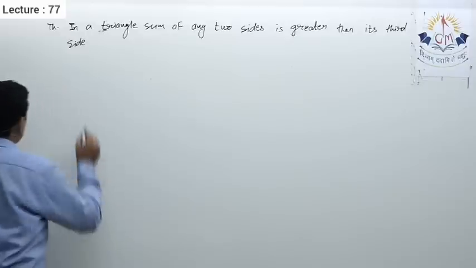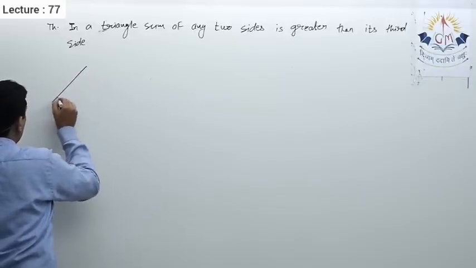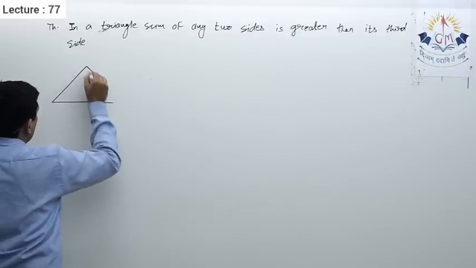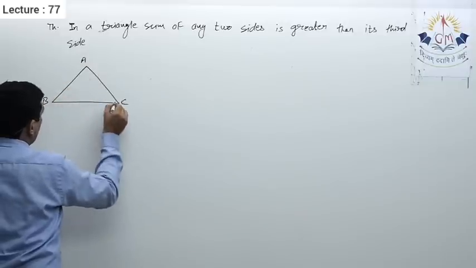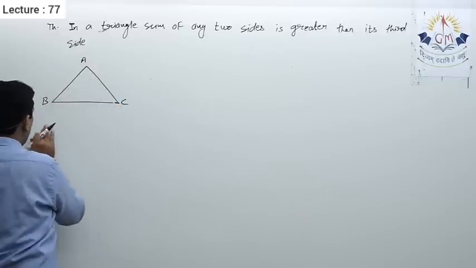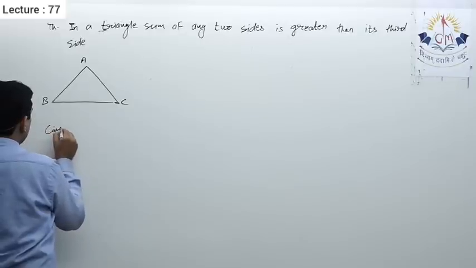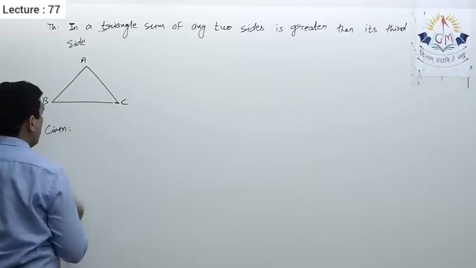So suppose we have a triangle ABC, in this way. What we have given is triangle ABC.